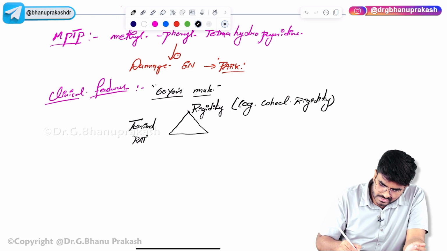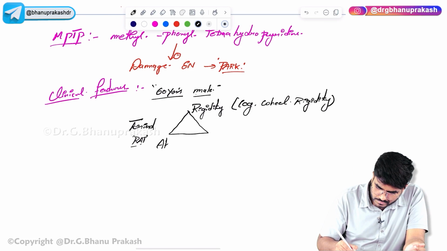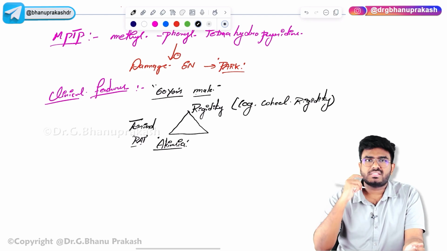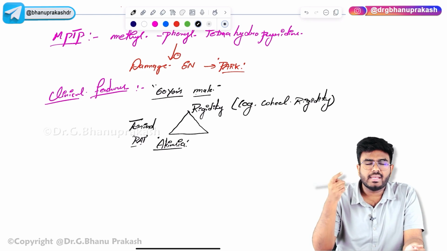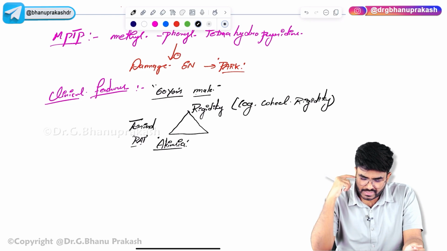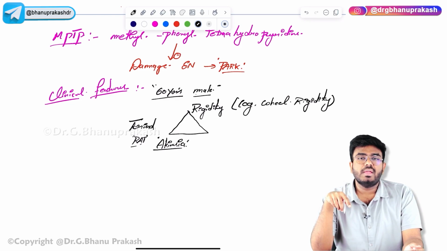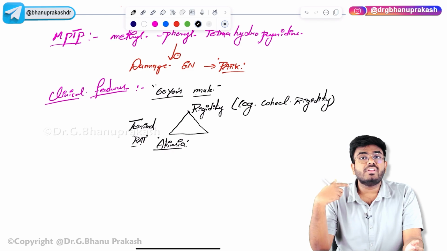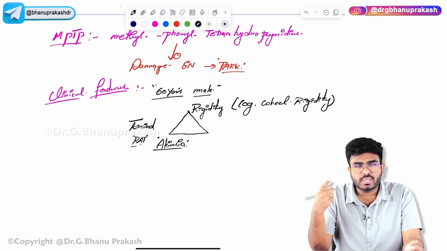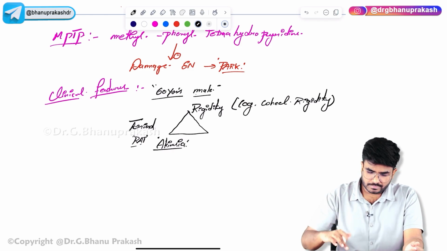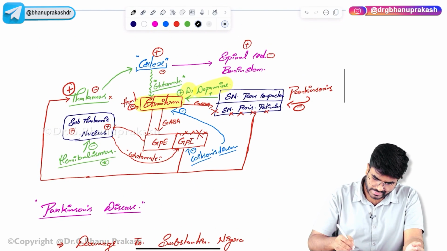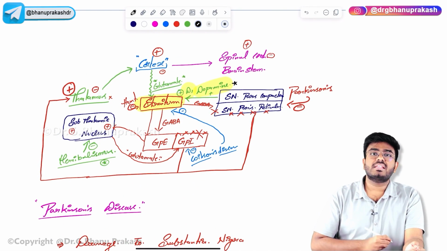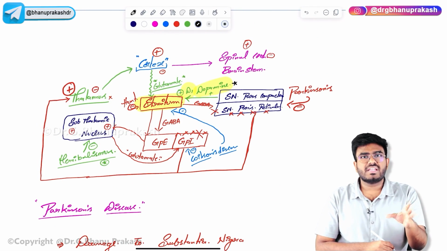Next, A stands for akinesia. So no movements, or sometimes even the patient can have bradykinesia. Akinesia or bradykinesia can be seen. Why akinesia, bradykinesia? Because I have told you, dopamine is required for the activation of the direct pathway. In the basal ganglia circuit, dopamine is required for the activation of the striatum.